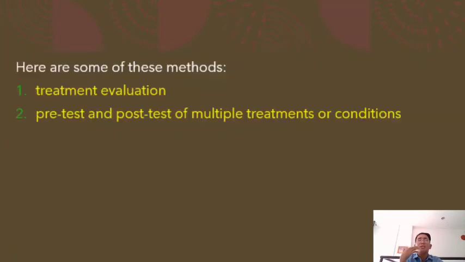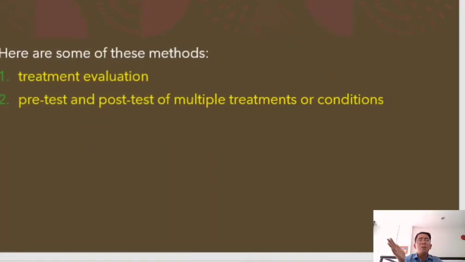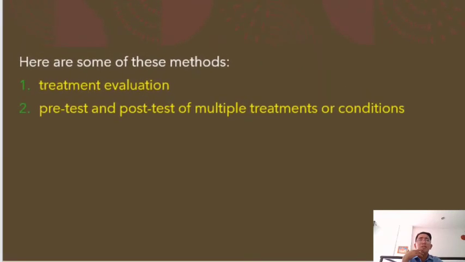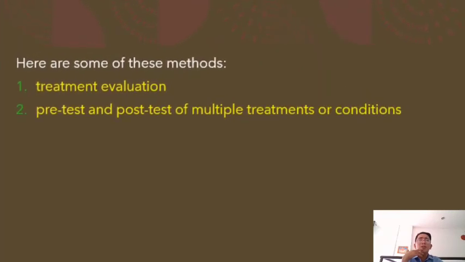All right, next. There are many ways of letting a variable or a factor or condition intervene or have an application on the subjects, and of later determining the effects of such intervention. Here are some of these methods. Now, we can use these on how we're able to conduct and to give intervention. First, we can do treatment evaluation.